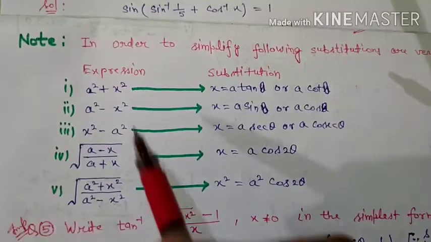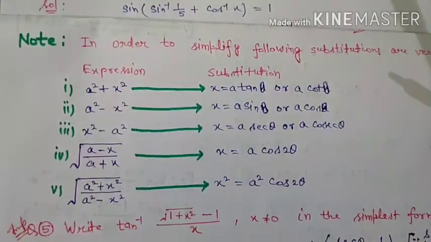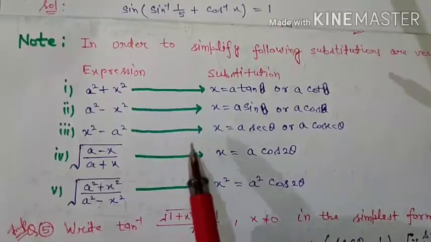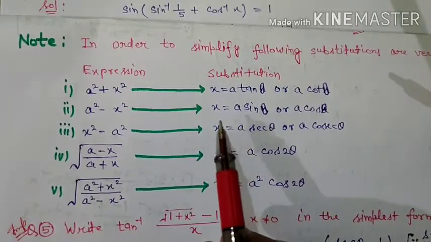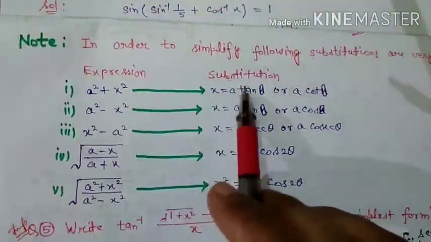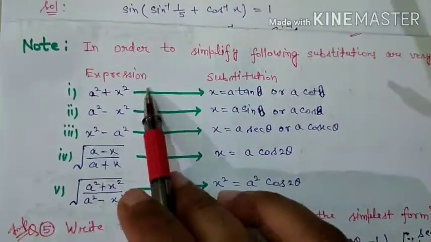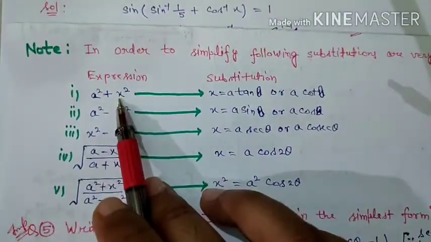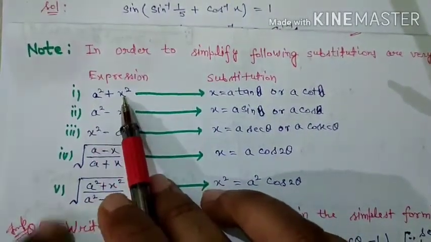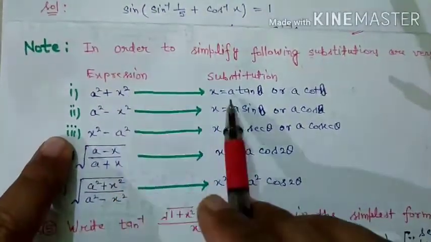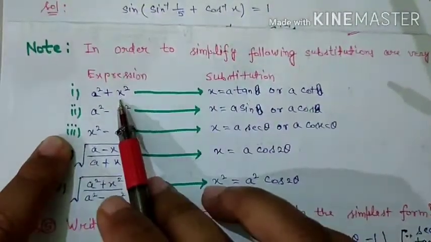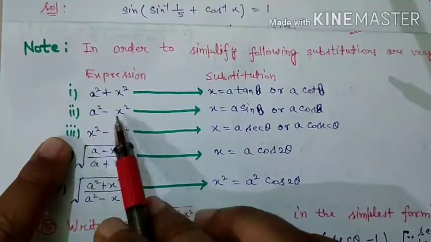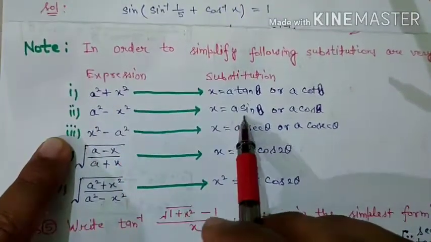Now we are discussing a very important concept. In order to simplify the following expressions, some substitutions are very important. For the expression a square plus x square, if we substitute x by a tan theta, we can solve it easily. Similarly, for a square minus x square, x equals a sin theta.